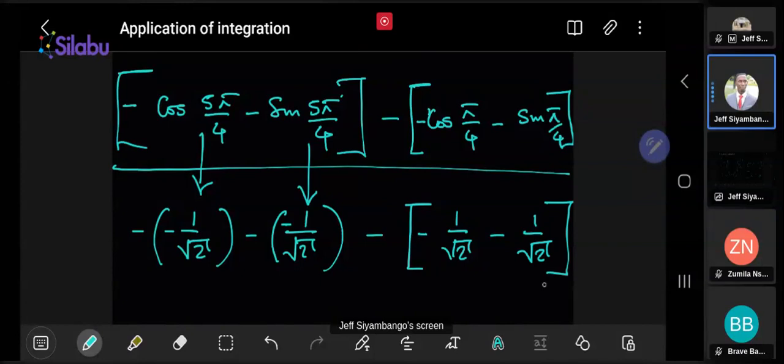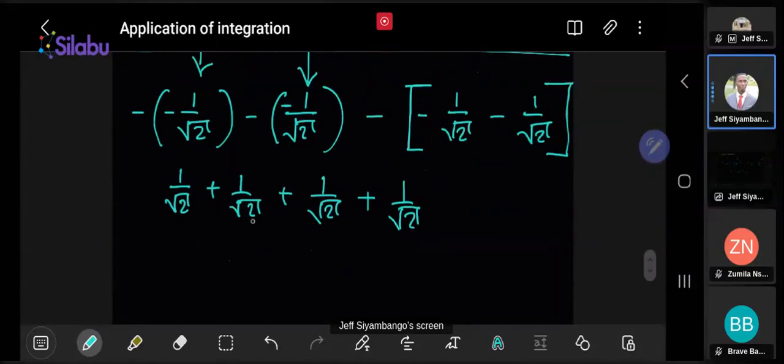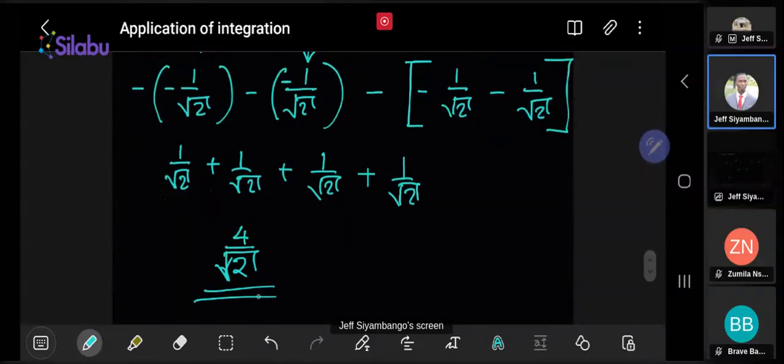Do you see, what do you think? Are they the same? Okay, let me simplify this one first. When you send in the minus, this becomes plus this, then plus this, then plus this, then plus this. And these have the same denominator, root 2, and when you add there, you get a 4.